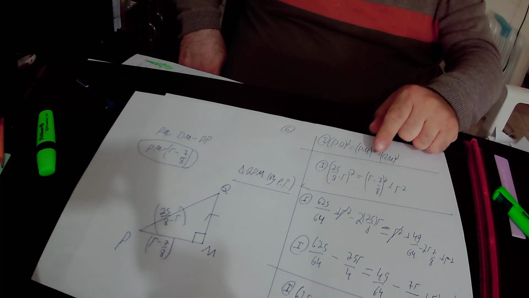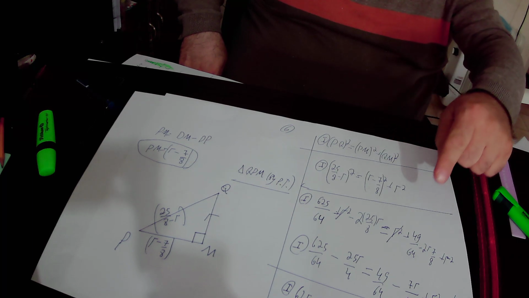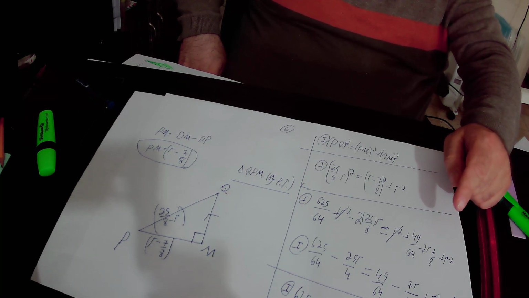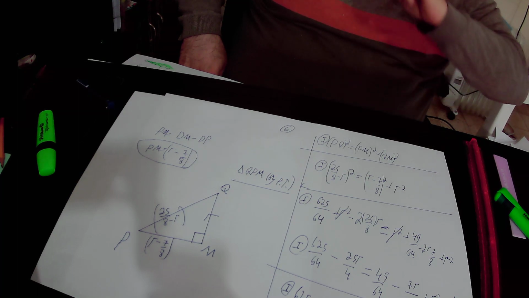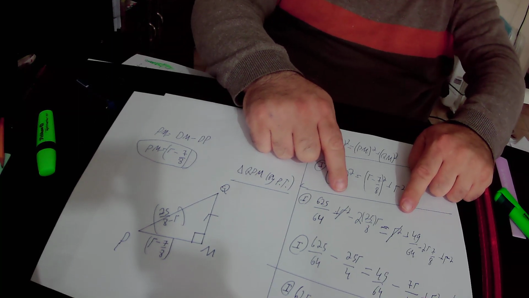And it is equal to (r minus 7 eighths) square, which equals r square plus 7 eighths square, that is 49 over 64, minus 2 times r times 7 eighths. Here we have r square on both sides of the equation, so r square gets cancelled.